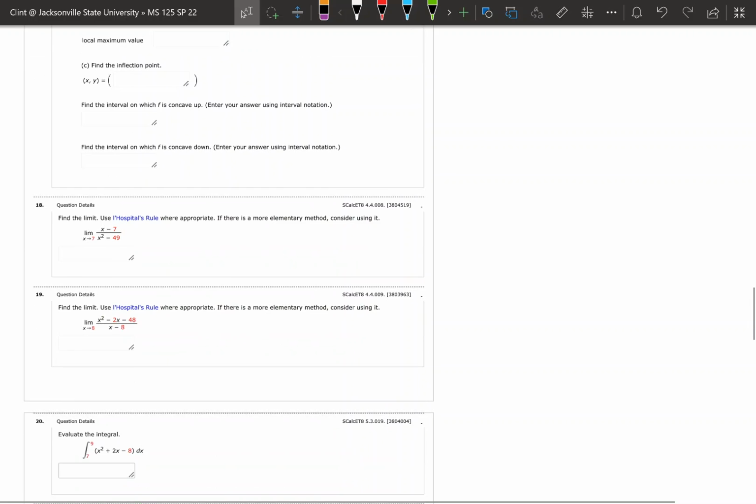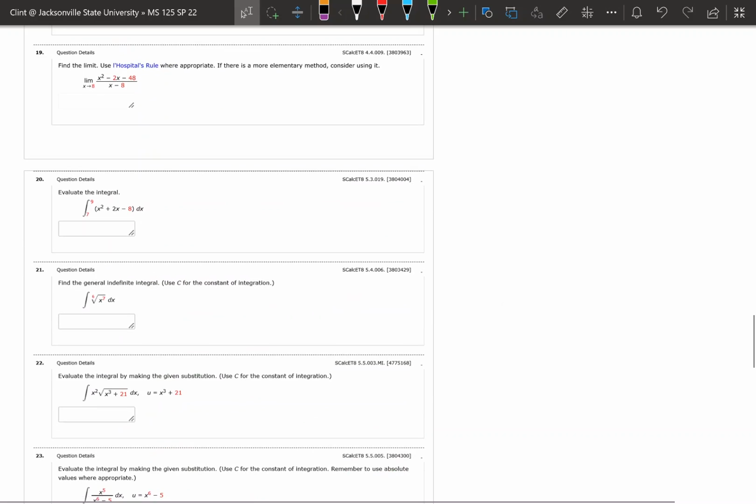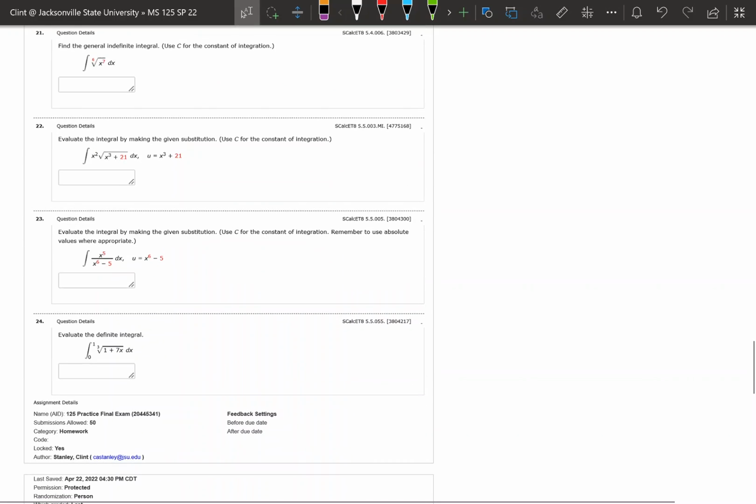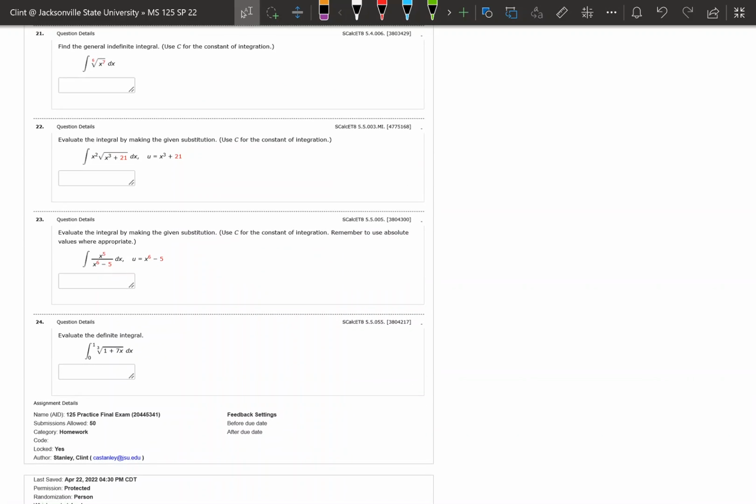And we got some L'Hopital's rule, which we kind of already talked about. And we got a few integrals. And then that's it. Okay, so that's 2/3 of it covered for today. And then we'll do the last ones next time, and if you have other questions, have those ready, and we'll talk about those next time too.